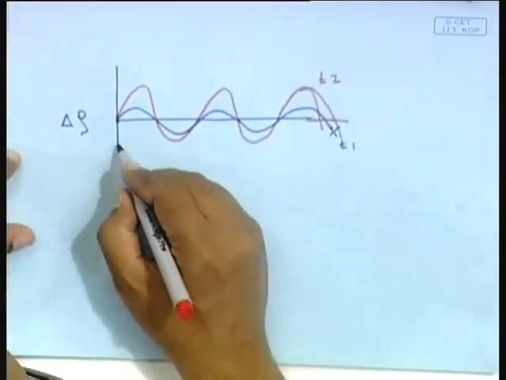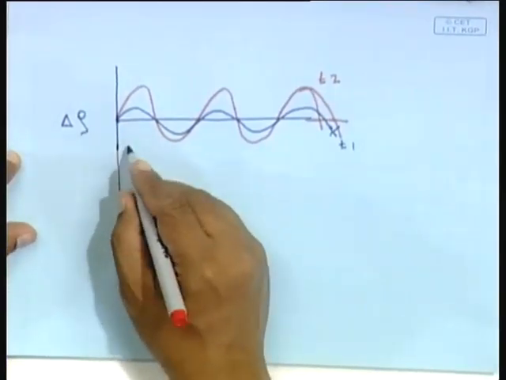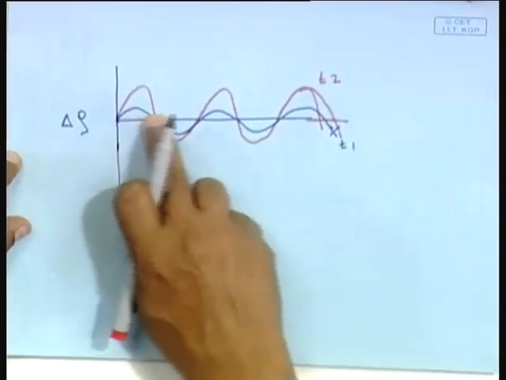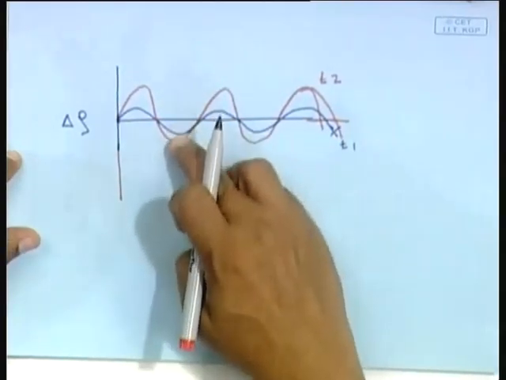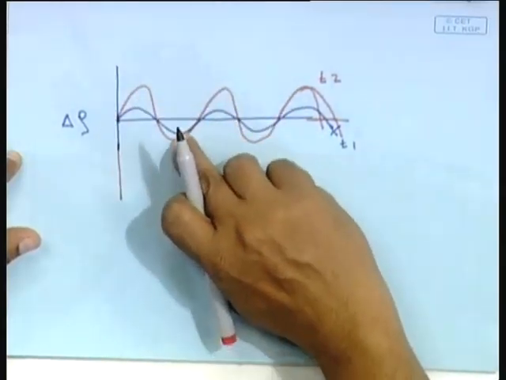Now this process cannot happen indefinitely. The value of delta rho, this is the mean value 0, so it is negative on this side, it is positive on this side. Here this is an overdensity, this is an underdensity.